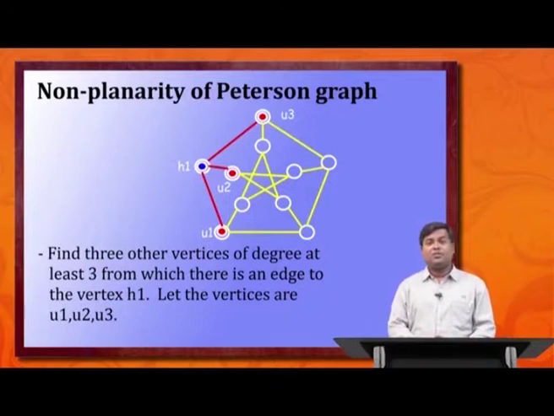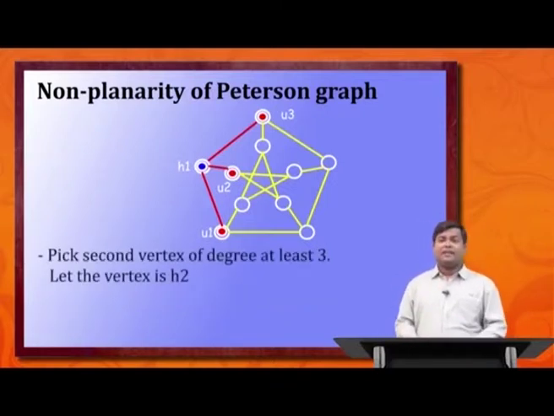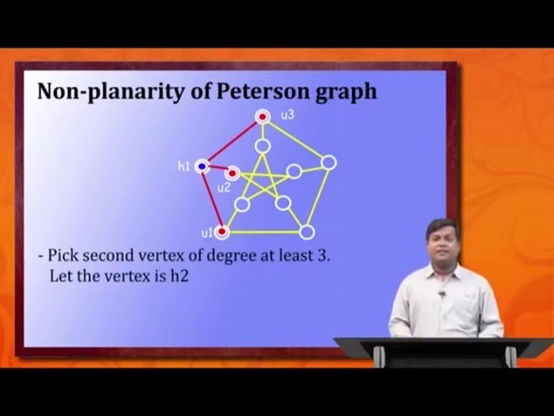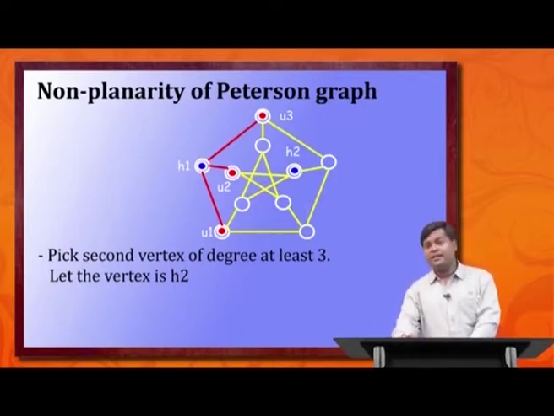Okay, so let's proceed. Pick the second vertex of degree at least 3 and let the vertex be H2. We are seeing a lot of other vertices which have degree 3, so we have chosen a vertex from that list. Let's say we have marked this as vertex H2 and colored it blue.